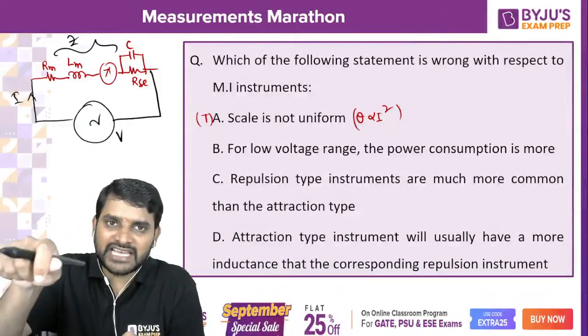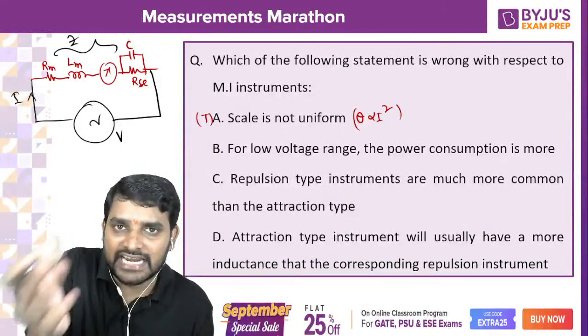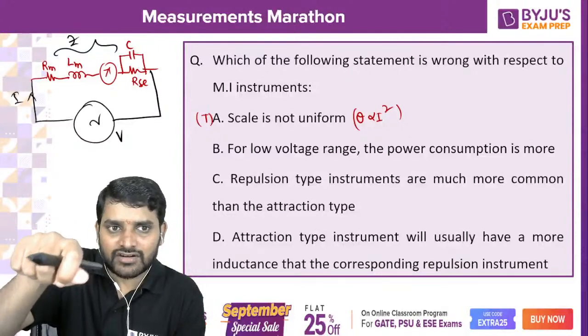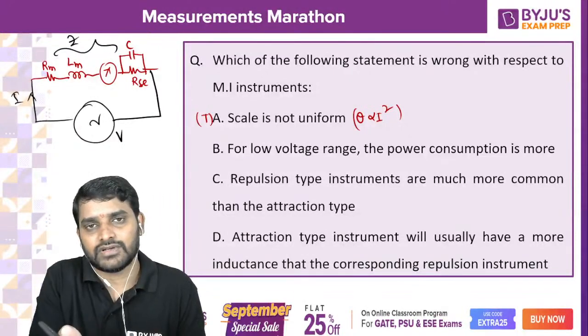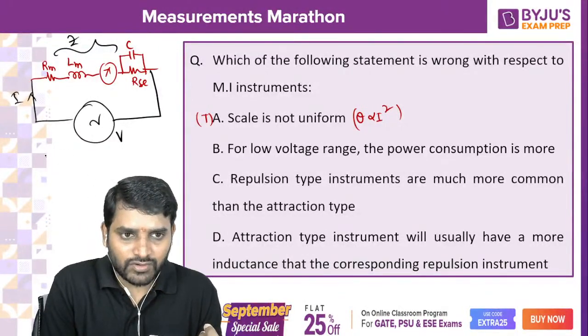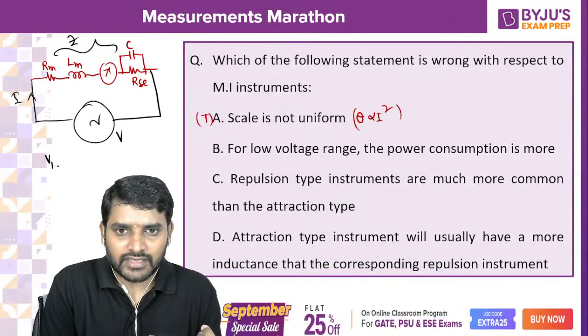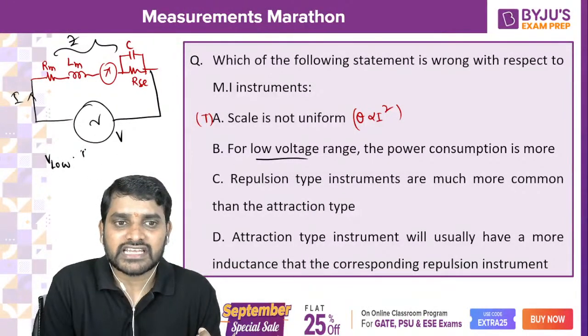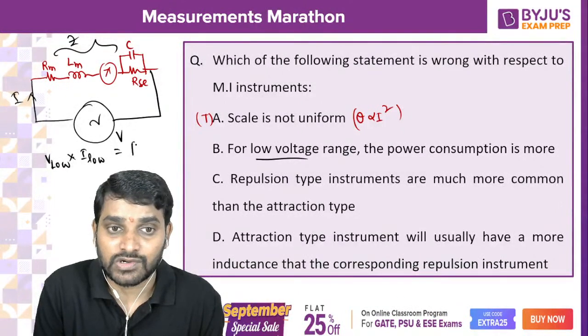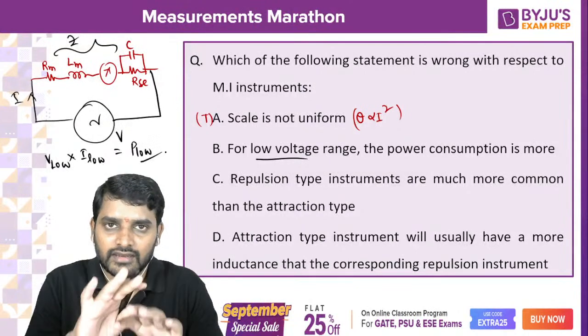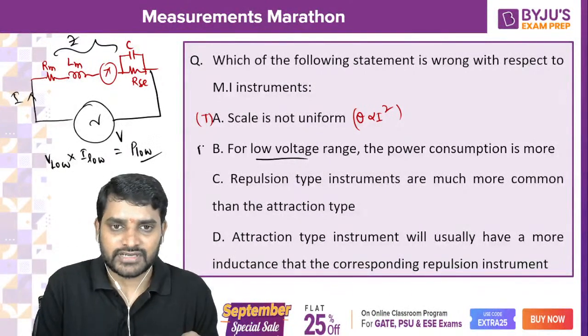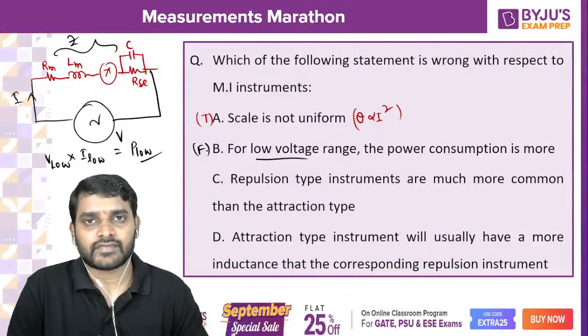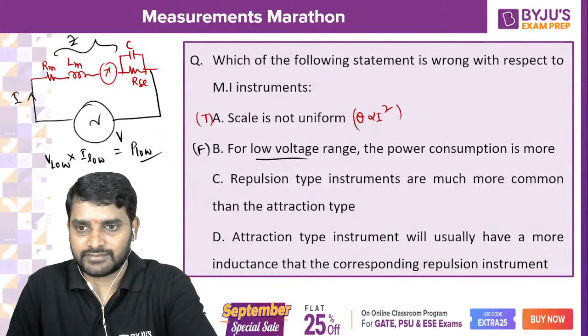So for low voltage, current is also low. Low voltage, low current will lead to low power, not a large power. So this is absolutely a false statement. Option B is a false statement.